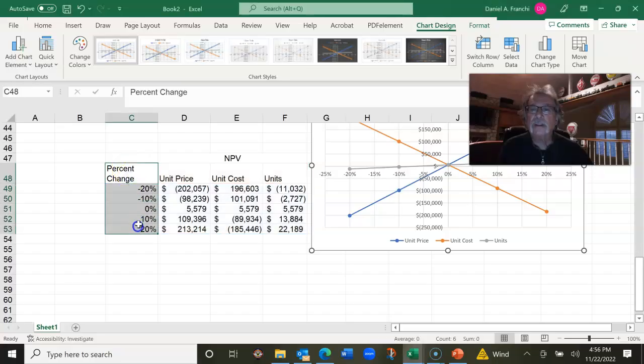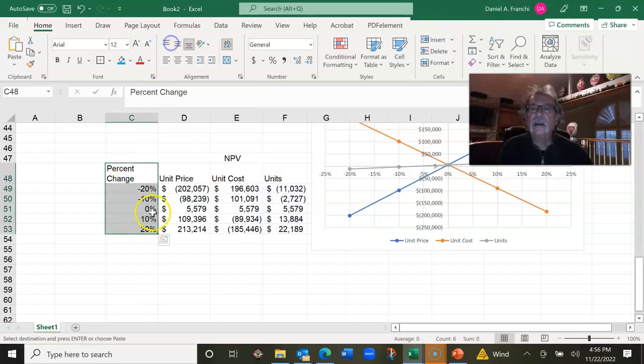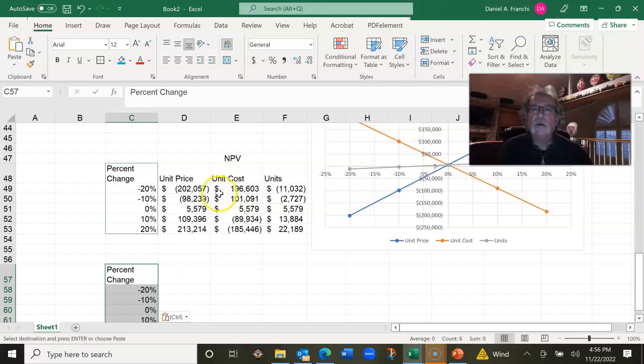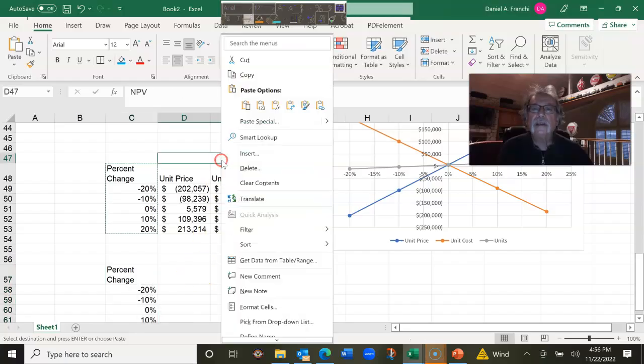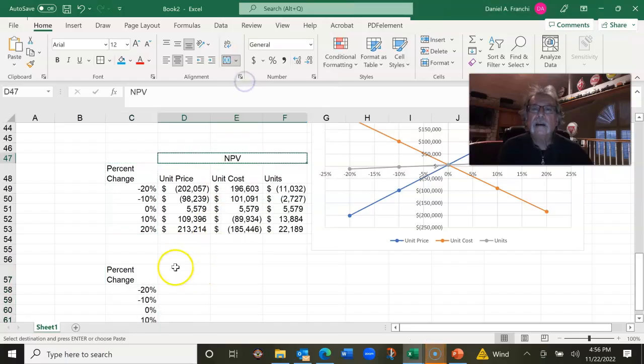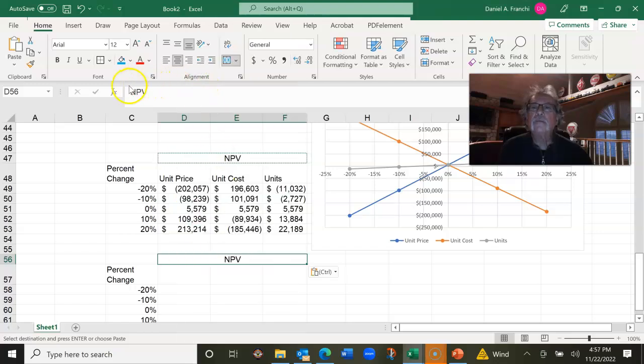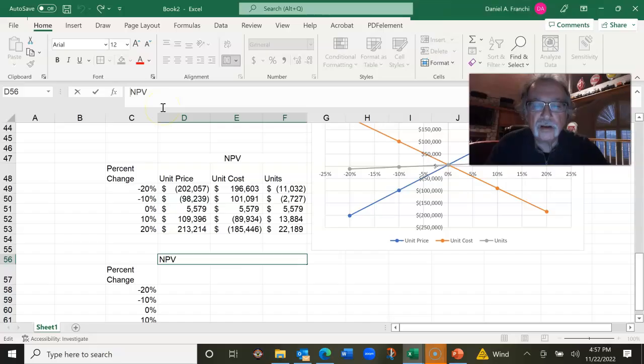So we're going to copy this down to here. And what we're going to do is make this the percent change in net present value.